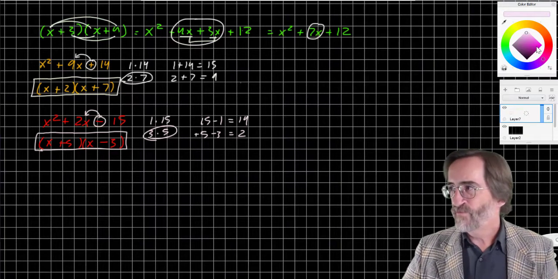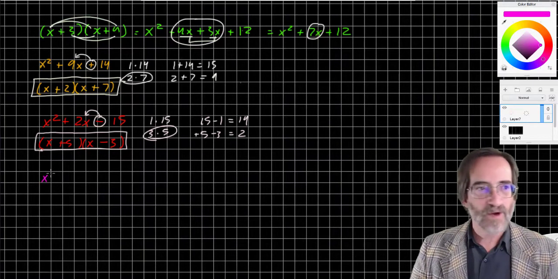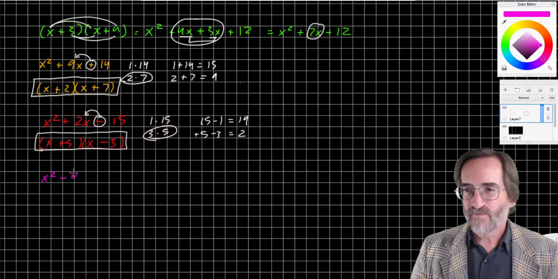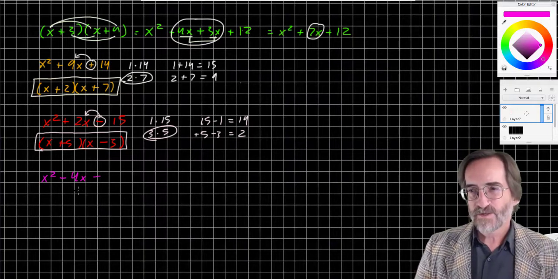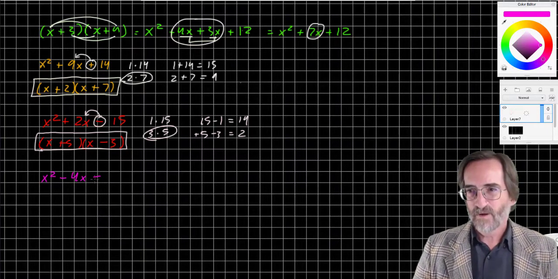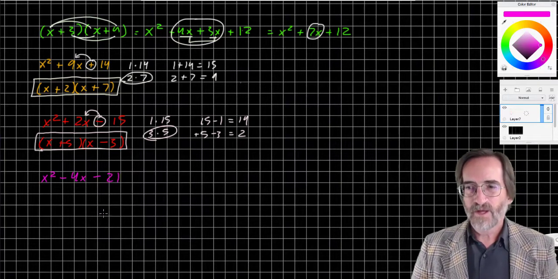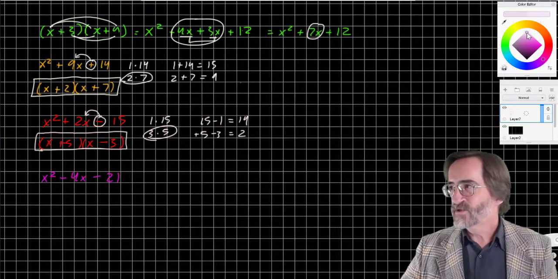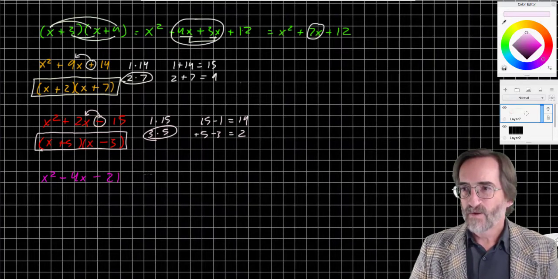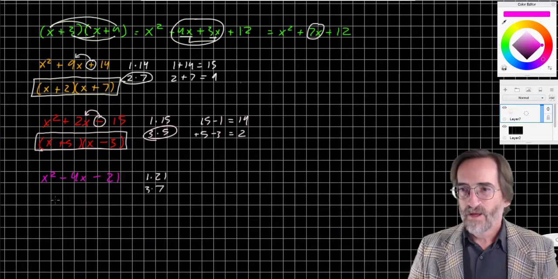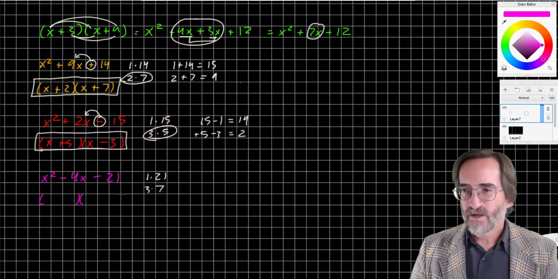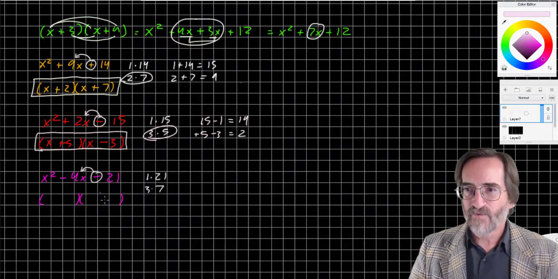Okay, one more. Let's do x squared minus 4x minus 21. So factors of 21 are 1 and 21, 2 no, 3 and 7, 4 no, 5 no, 6 no. And we're going to write two sets of parentheses, and we're going to think of factors of 21 that subtract to make negative 4.